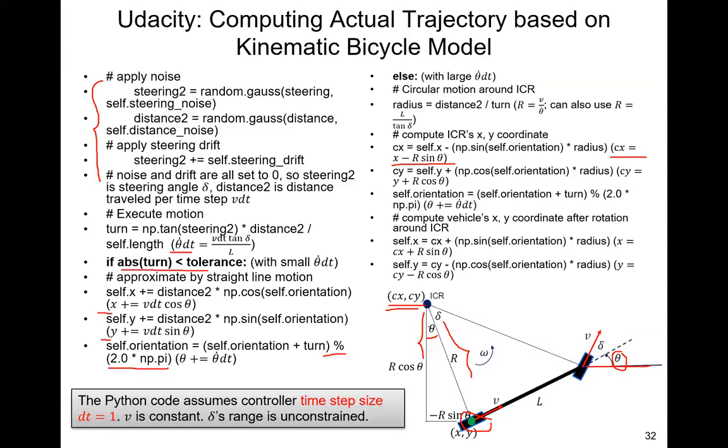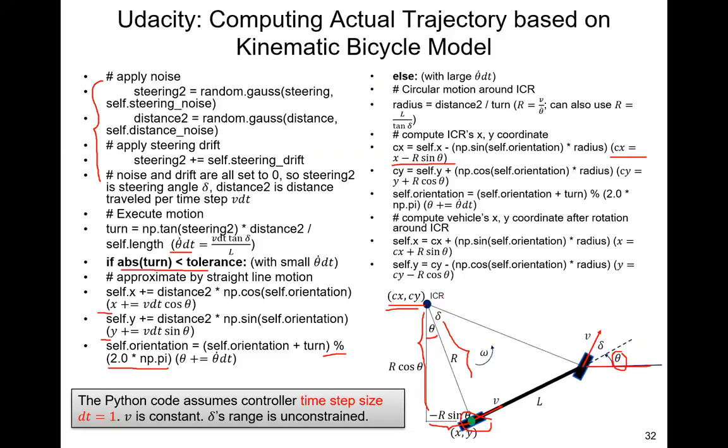Therefore, this angle here is theta. So for the coordinate of the ICR, the x-coordinate is the vehicle rear wheel position x-coordinate minus the radius r times sine theta. So this term here, based on the triangle here, and the y position of the ICR is the vehicle rear wheel y position plus r cosine theta. That's the length here.